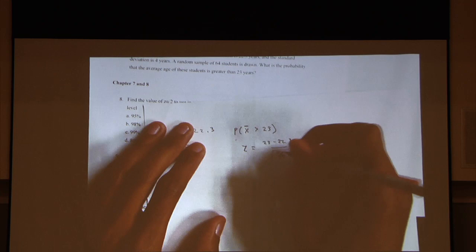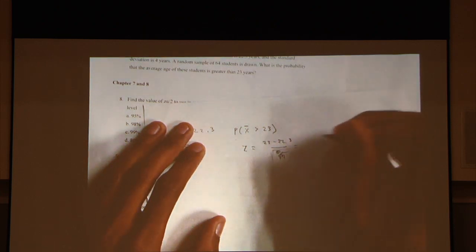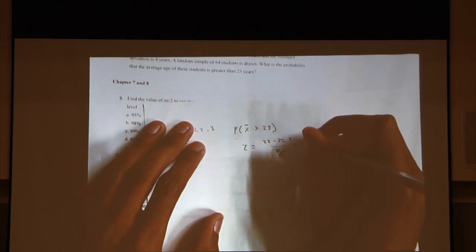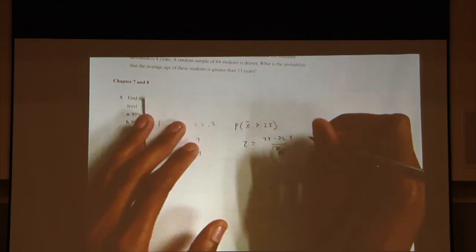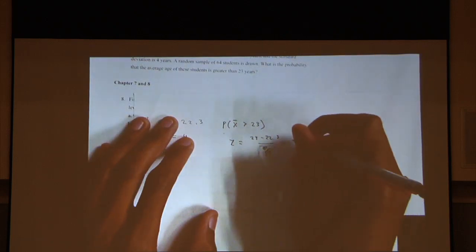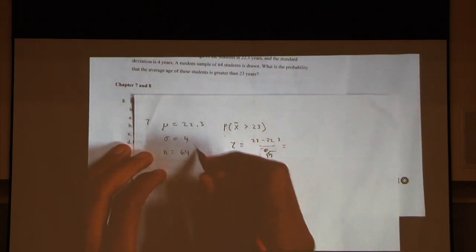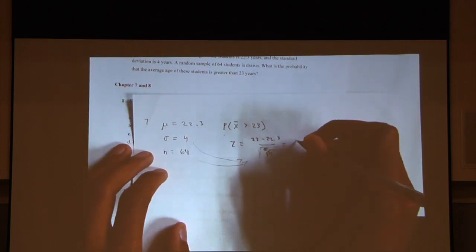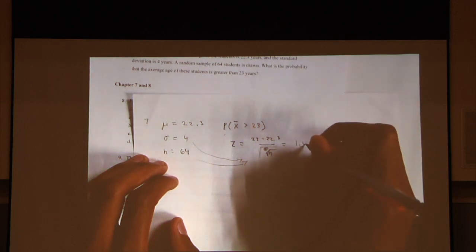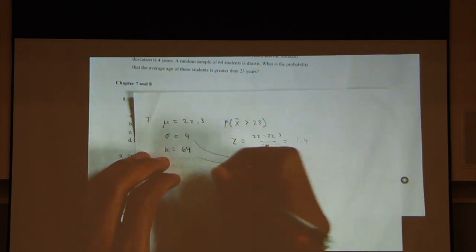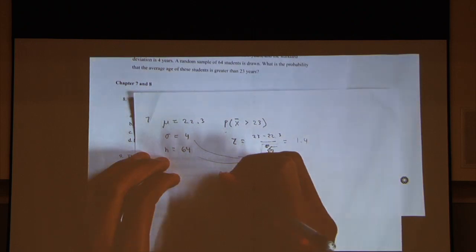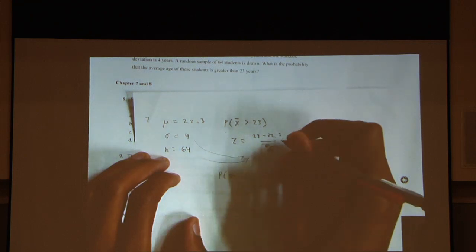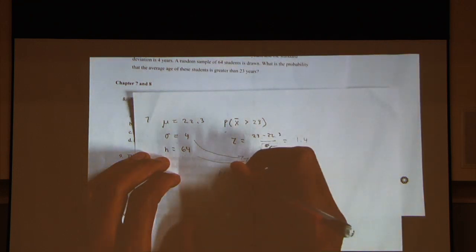Yeah, that's what I was gonna. 23. Yeah, so after you plug in these values, I got 1.4, right? I had written square root over the whole thing. That's why I was like, I don't think that's right.